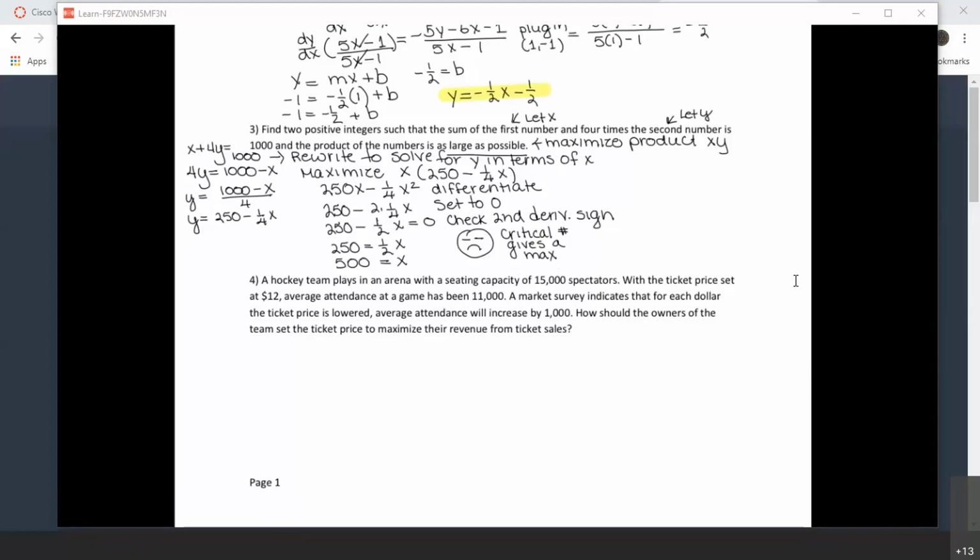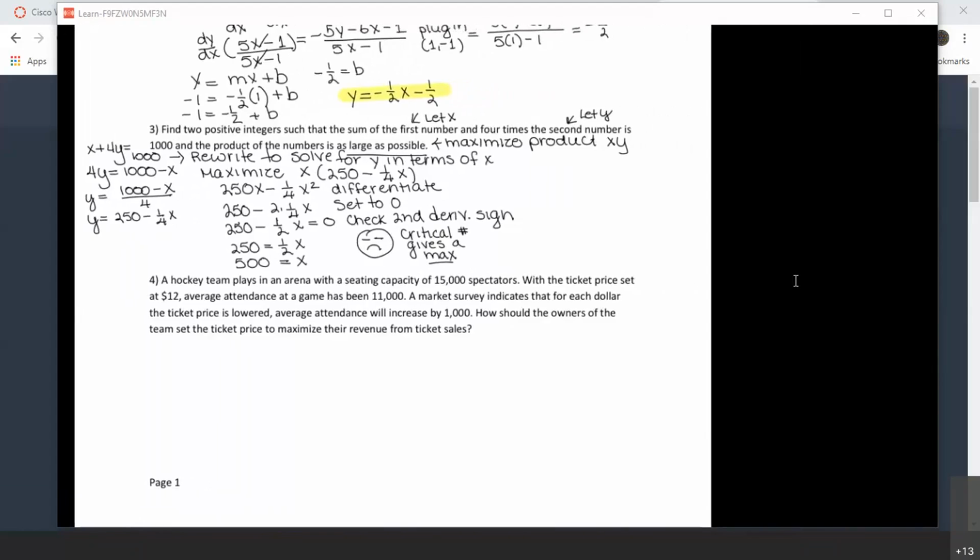You should check, because if you have a complicated or higher degree polynomial, you will get multiple critical numbers. The first derivative doesn't tell you it's a maximum. It tells you it's either a maximum, a minimum, or an inflection point, and you need to figure out which one.